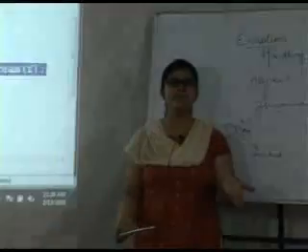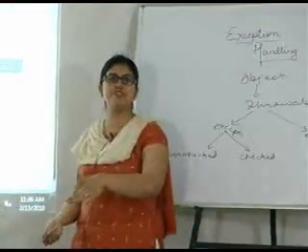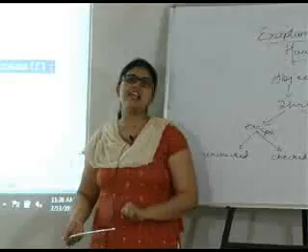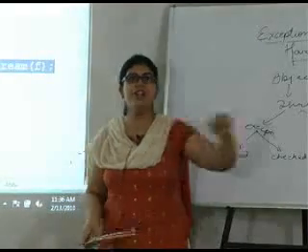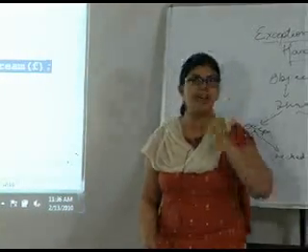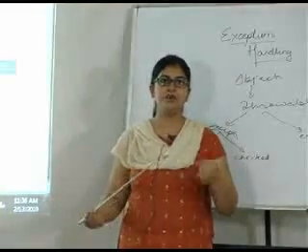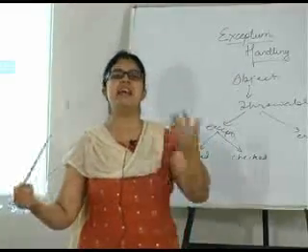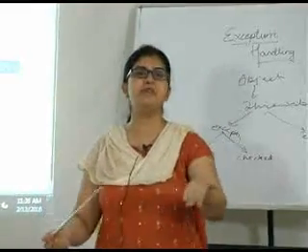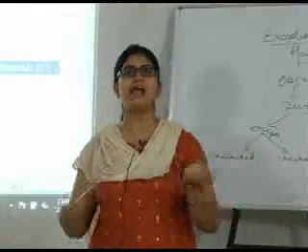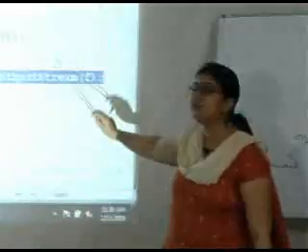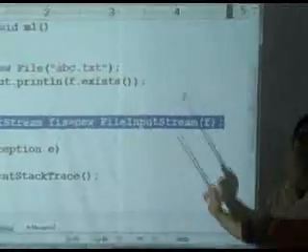As a programmer, I should provide a mechanism to either throw this exception out of my system or catch it. What did I choose? I chose to catch this particular exception. The moment I do this, my program is going to compile, and now I am ready to handle this exception, which is nothing but my checked exception.